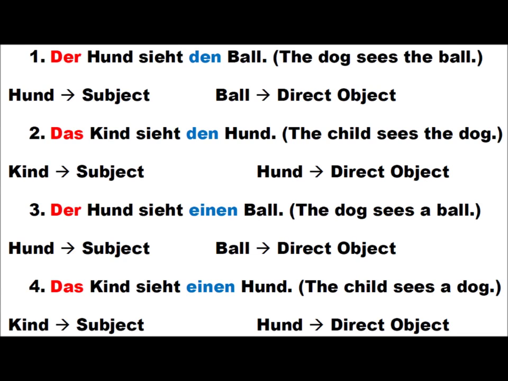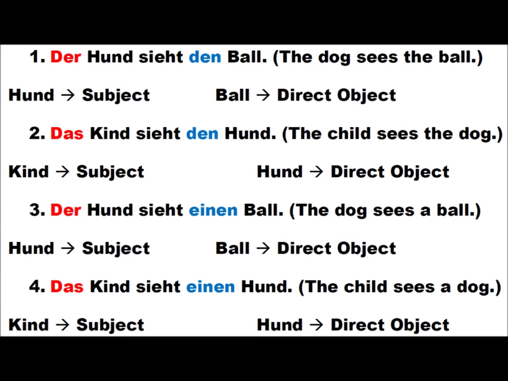And as you can see, in the first sentence, for example, we didn't write der Hund sieht der Ball. We wrote der Hund sieht den Ball, because Ball is accusative. If you look back at the table, which I showed you, you'll understand that der changes to den in the accusative case, okay? Second sentence is the same. Hund is the direct object.